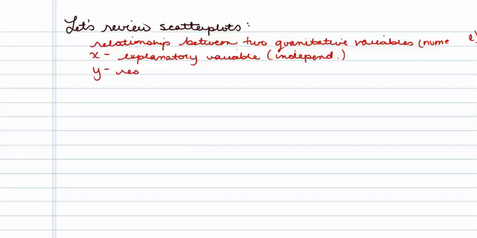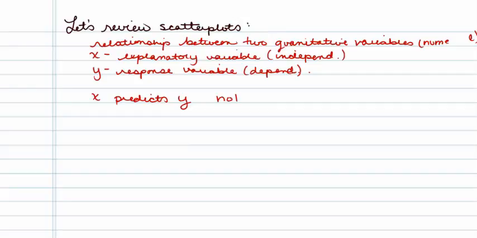And y would be considered the response variable, which you probably called the dependent variable before. And the idea behind it is that x predicts what happens with y. We don't want to use the word causes. Or causation. It's x predicts y in a scatter plot.